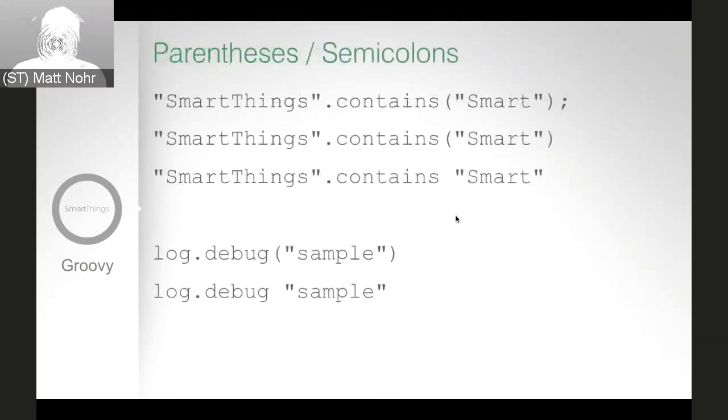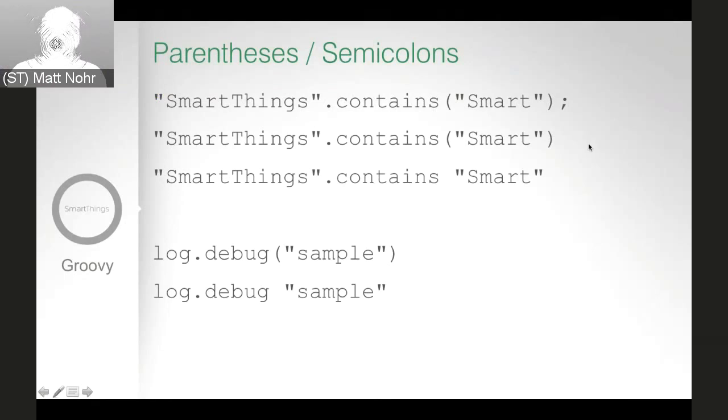The next thing that's kind of weird to people who aren't familiar with Groovy is that semicolons are optional and parentheses are optional, which drives some purists crazy. These first three lines here all do the same thing. They'll all evaluate to the same result. Basically, it's saying if the word smart is in this string of smart things. So you can put semicolons, but in most Groovy code we almost never do, just because it's clutter.